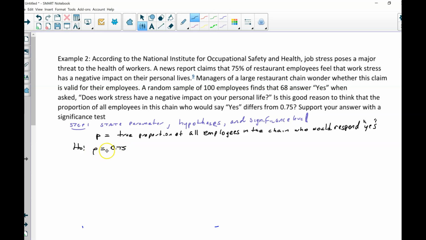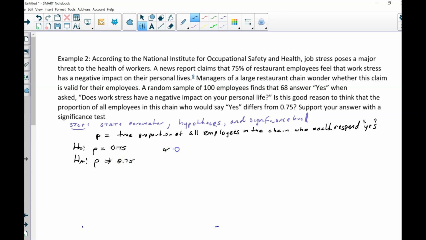In the null hypothesis, it's only parameters, and for the null, it would be equal to some sort of number. And the alternative, p is either going to be less than, greater than, or not equal. In this case, there's no indication within the problem scenario of which direction, so then you would use not equal.